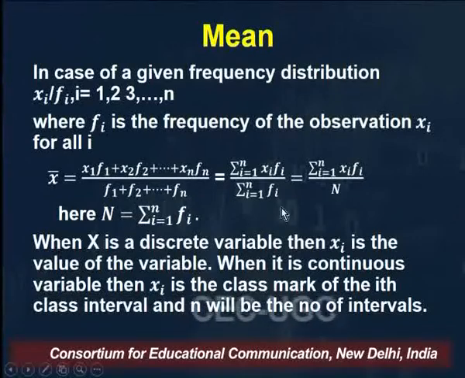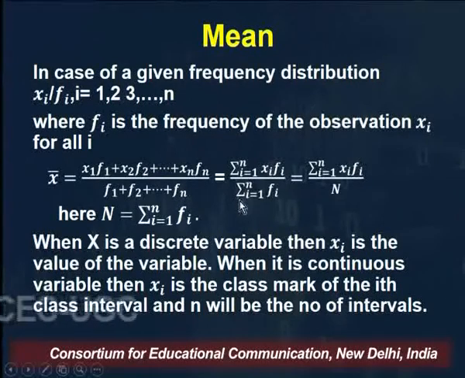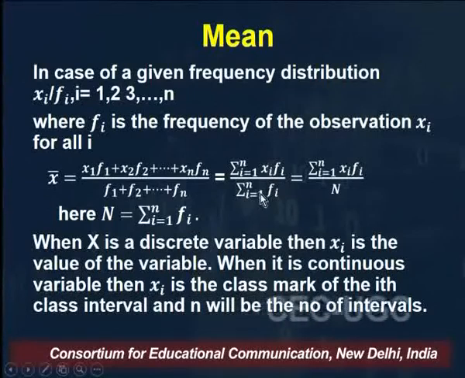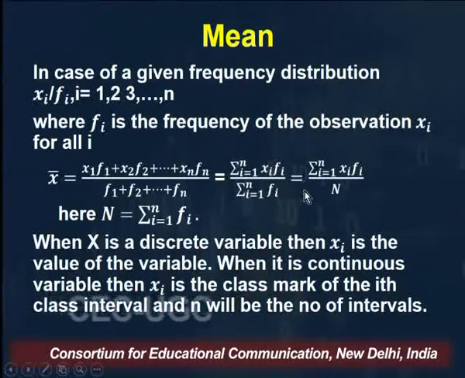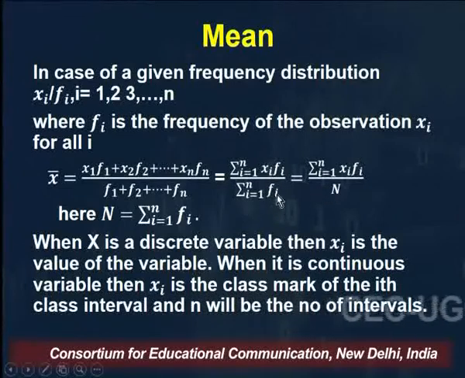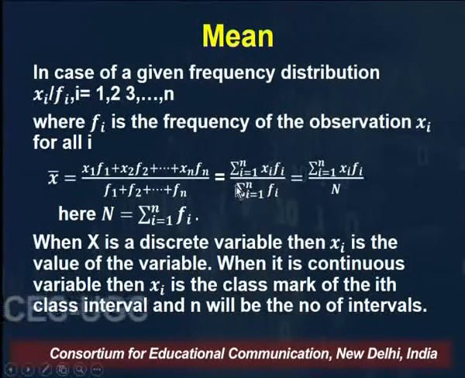which I will represent as capital N. In summation notation, it is the summation of fi, with i going from 1 to small n. As I keep taking values of i and keep adding, it becomes f1 plus f2 plus f3 and so on up to fn.